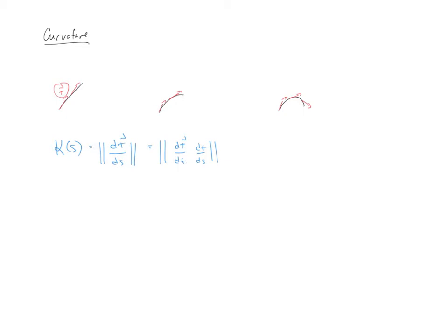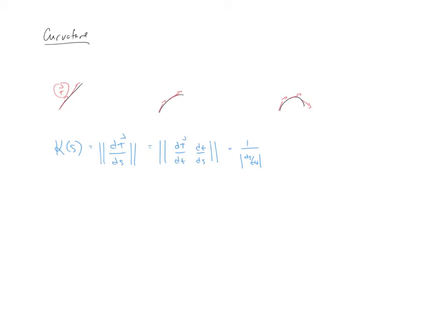Now, I'm going to rewrite this part essentially by bringing it outside, if you will, and writing it underneath. So follow me on this for a second. Keeping in mind, of course, this is not a vector. This guy right here is not a vector. So that's going to be 1 over |ds/dt|. We still need the absolute value bars on it.